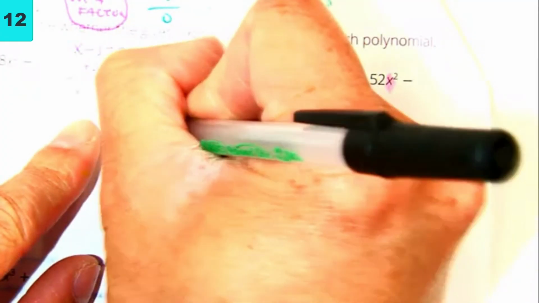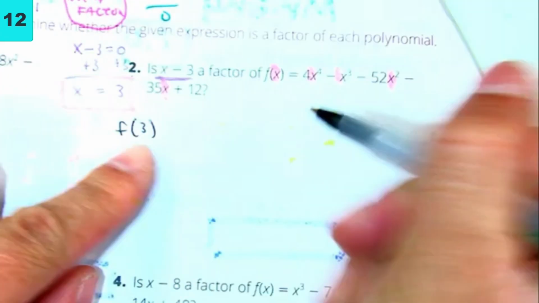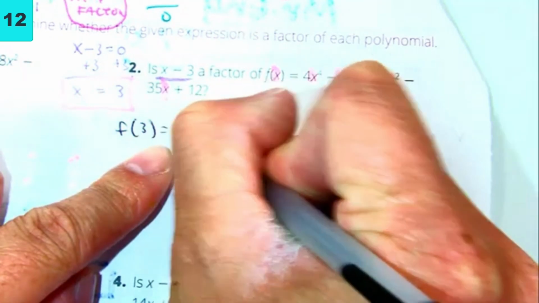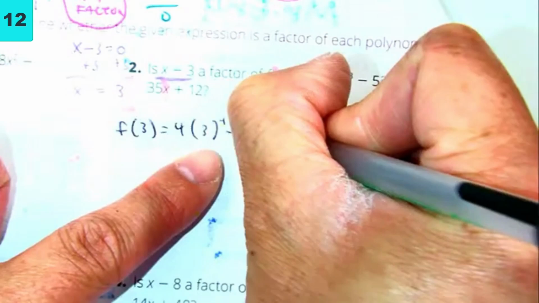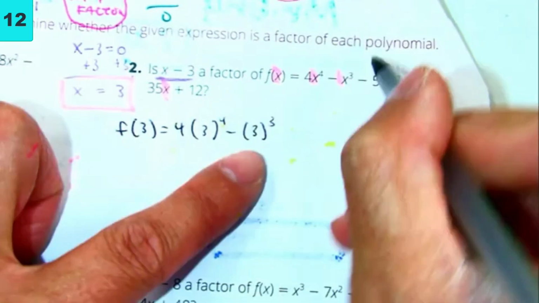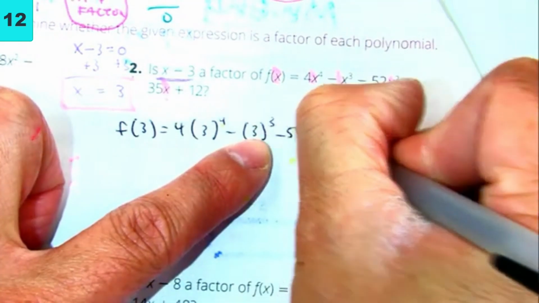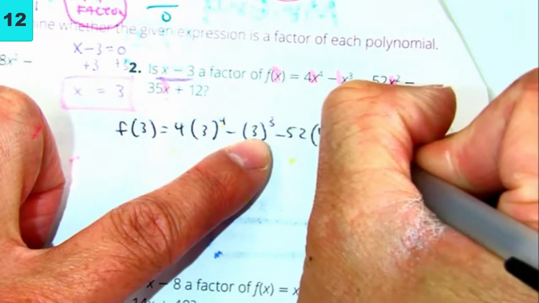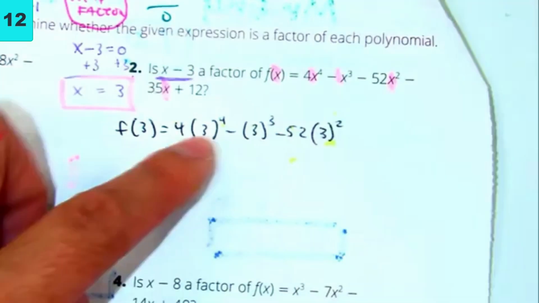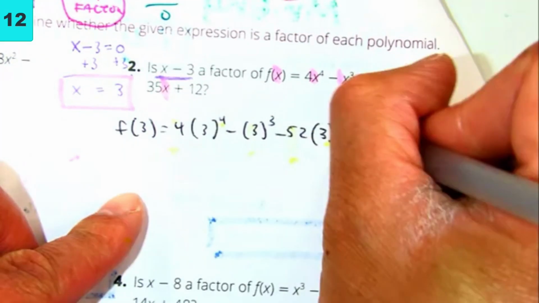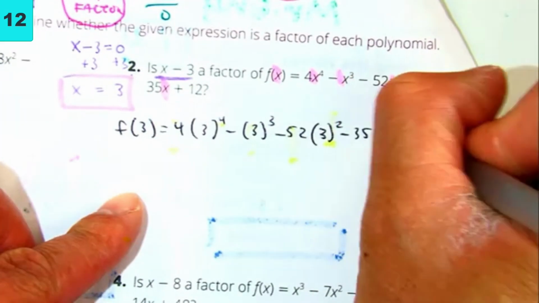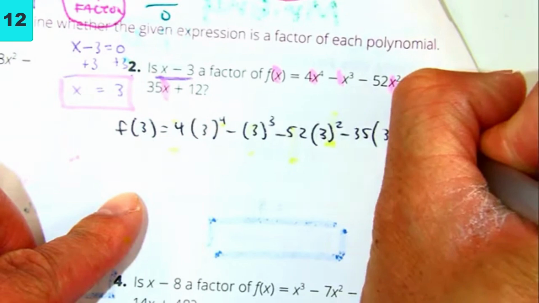So f of 3 equals 4 times 3 to the 4th power minus 3 to the 3rd power minus 52 times 3 squared. And this page kind of ran out of space, so it's a minus 35 times 3 plus 12.